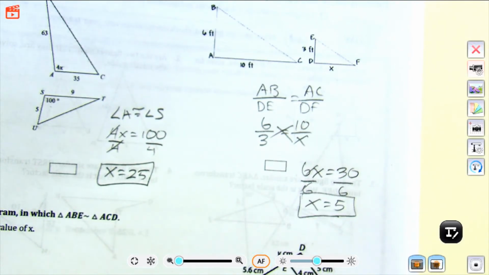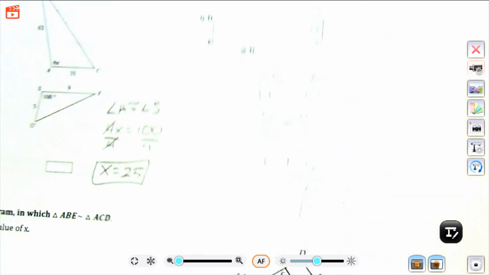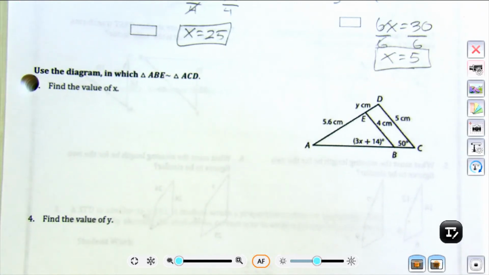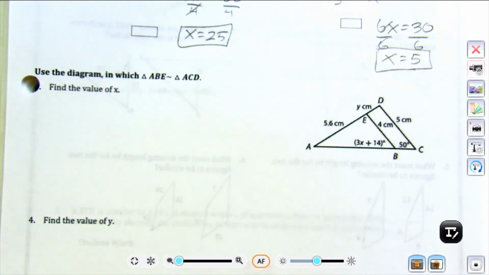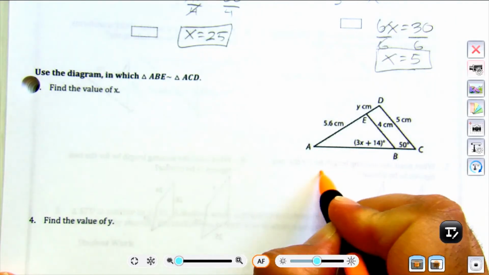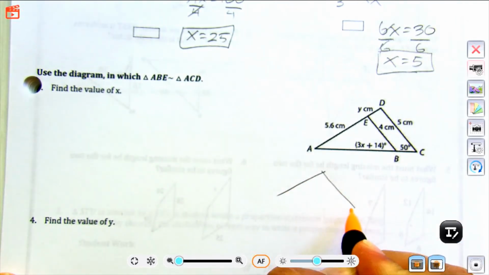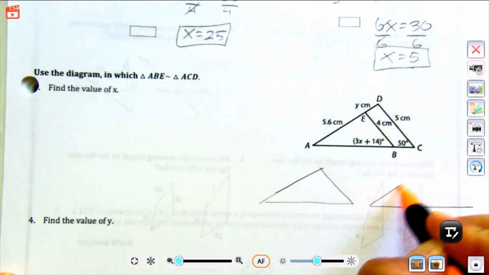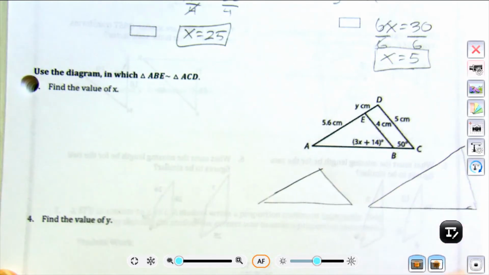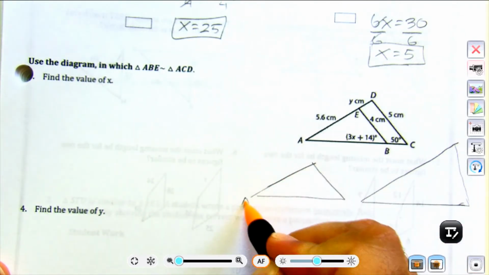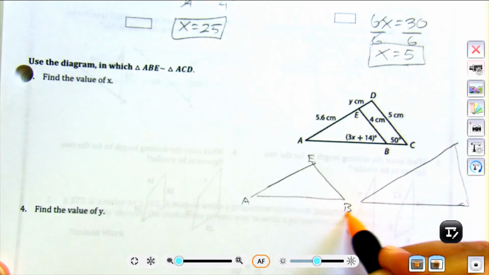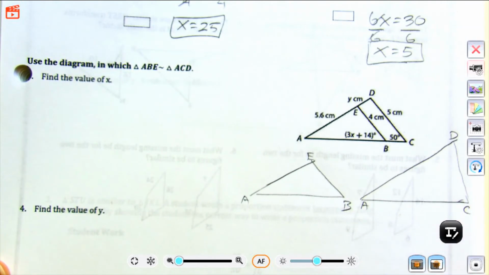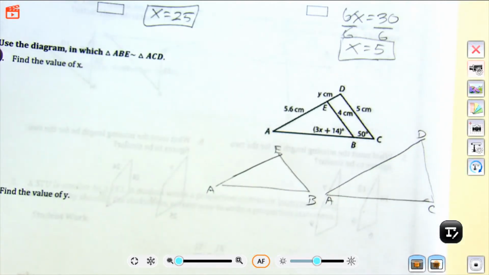Okay, and let's do one more problem, and this is going to be a challenging problem because the two figures are embedded in one. But what I'm going to do is separate these two figures just so that you could see what is going on. Okay, so this is the small one. This is A, E, B, and this is A, D, C. So AE is 5.6.